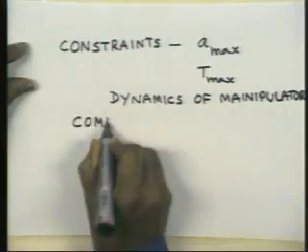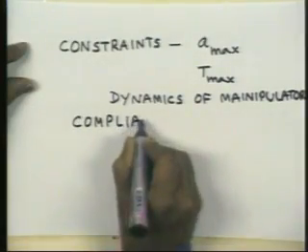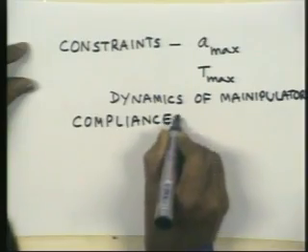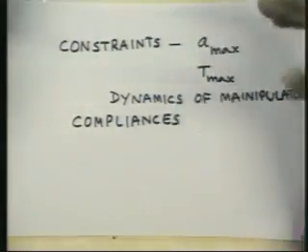Okay, flexibilities and compliances in the joints and the links might affect your calculations. Okay, so that is another effect of the dynamics of the manipulator, apart from the maximum capabilities of the actuator itself and so on. So compliances will be another parameter that we need to look at.